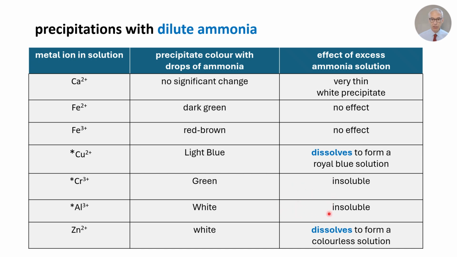So there's a difference here in the solubility in excess solution. Copper, light blue precipitate, dissolves to form a dark blue. That is different in sodium hydroxide. It is insoluble. So questions will tend to focus for the ammonia reactions on these 3 metal ions.